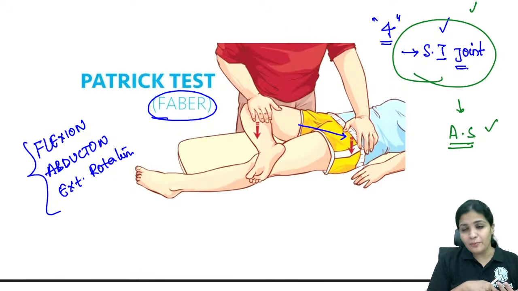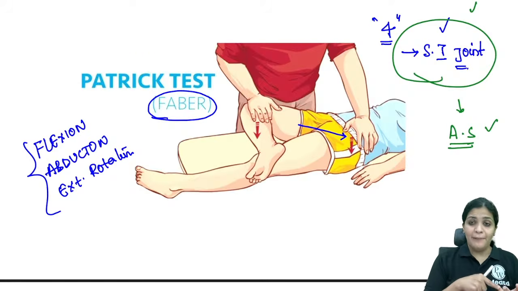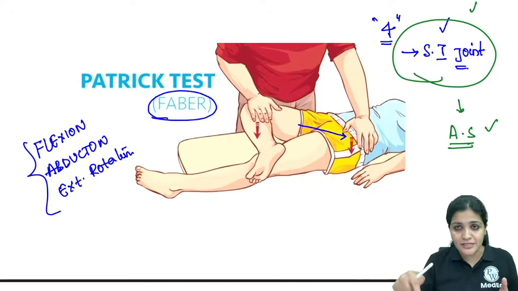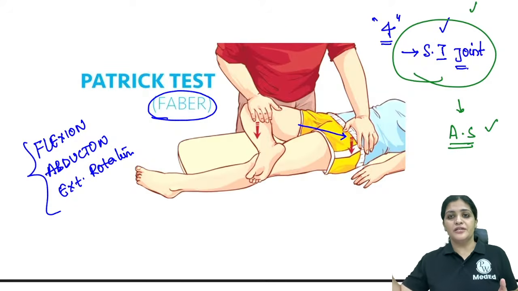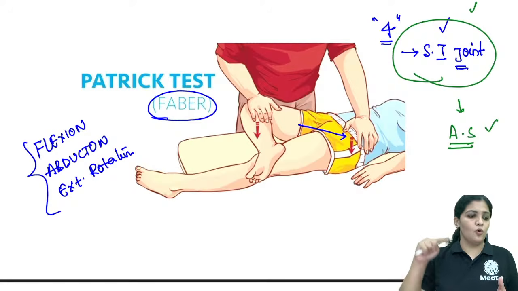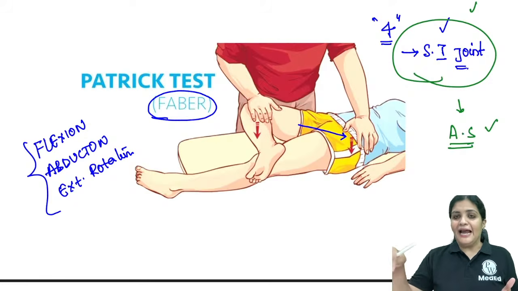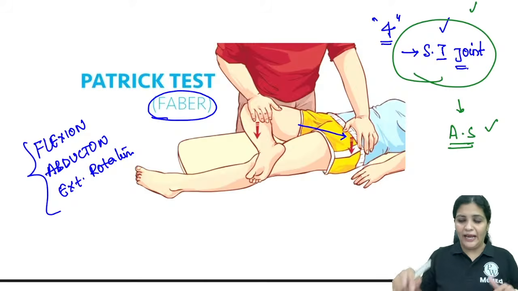On palpation you might find tenderness on SI joints maybe, or some tenderness on the back, but on the rotations you will find there is a restriction of the flexion, right? And while doing this test, the Faber's test is positive in case of your ankylosing spondylitis. Faber's test or the Patrick's test is nothing but your flexion, abduction, external rotation, which is painful, and it indicates that we are dealing with the SI joint, the sacroiliac joint.